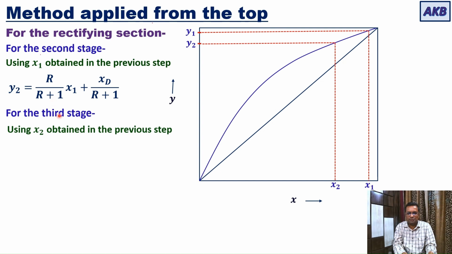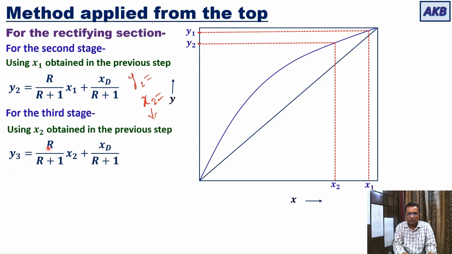For the second stage, we got y2 and then x2. Now we use x2 in our calculations for the third stage. Using x2 obtained in the previous step, you get y3 by using the equation of the operating line.